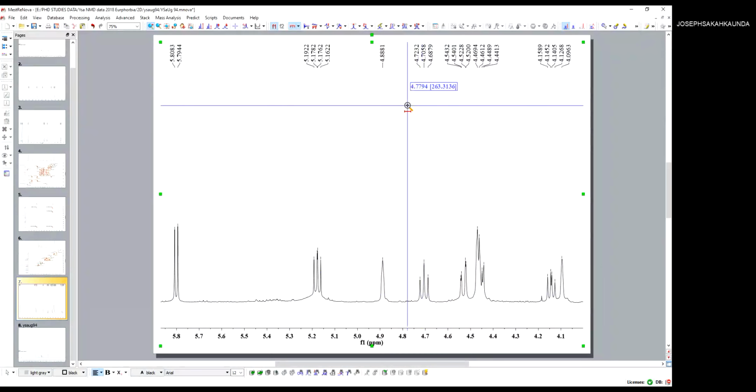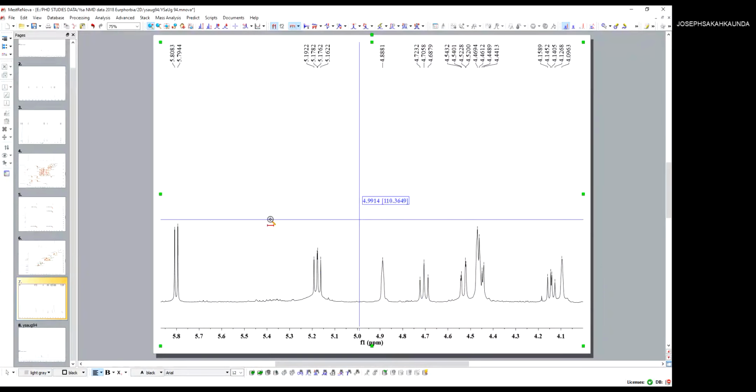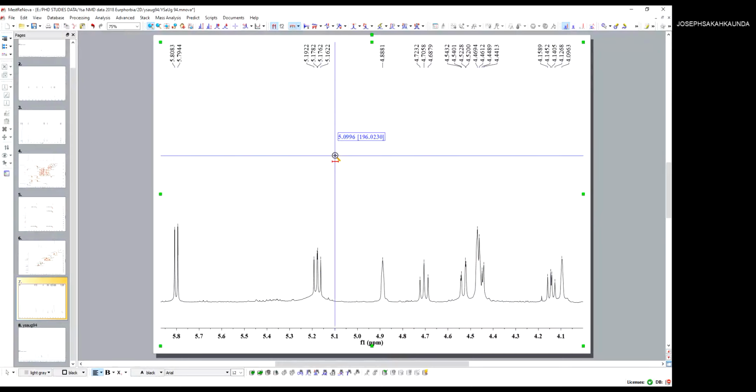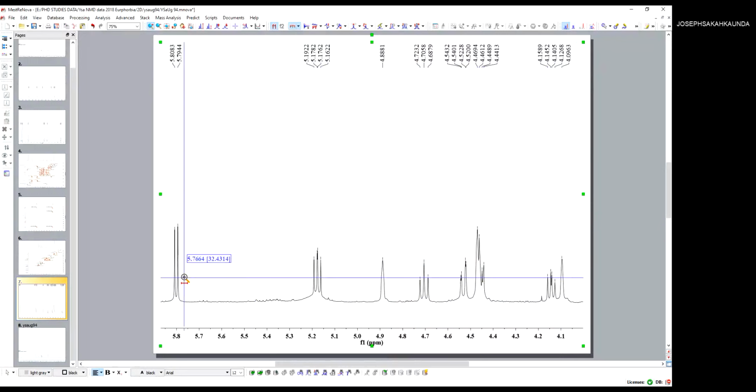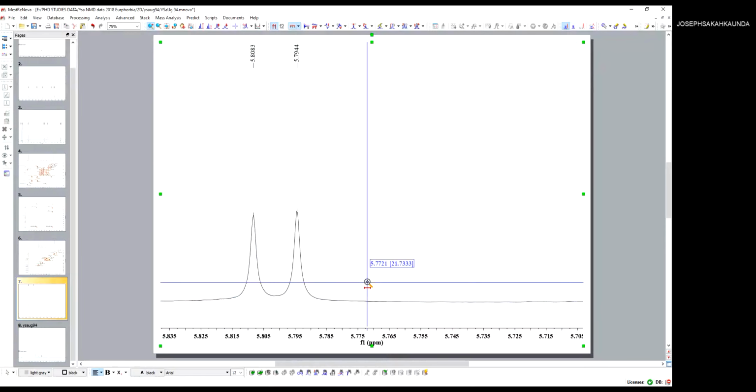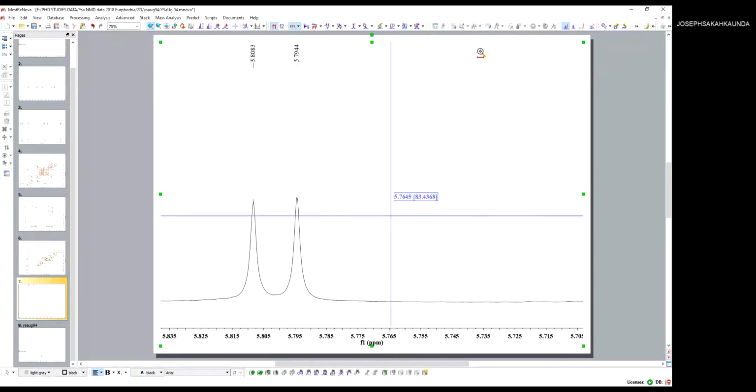Now, from the proton spectrum, you can calculate the J values, this one, this one, this one, this one. I told you last time. Just do this, come here.